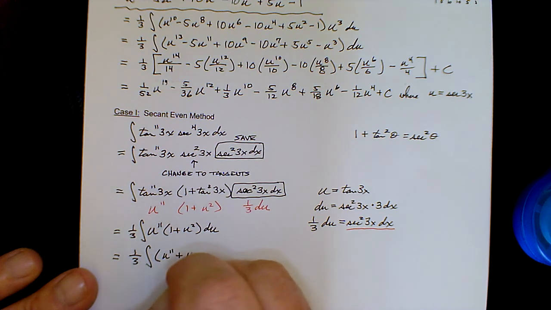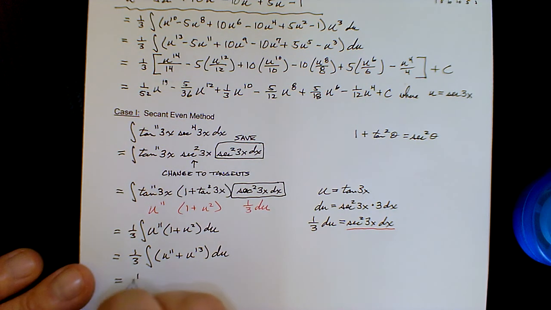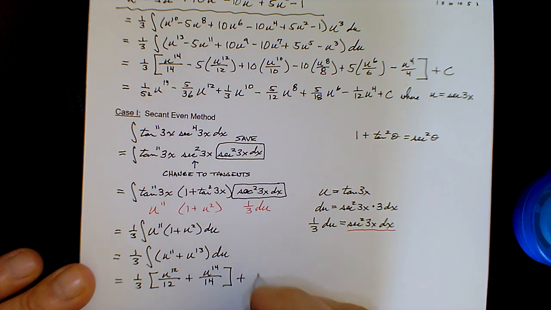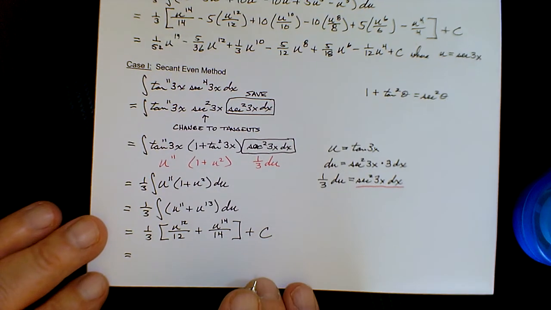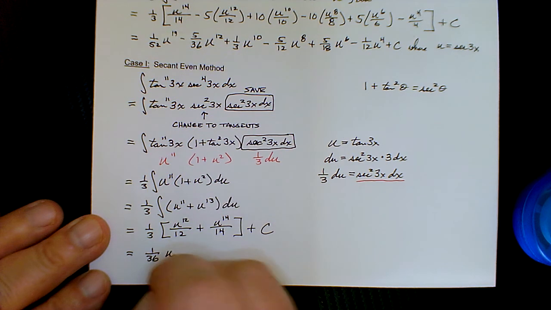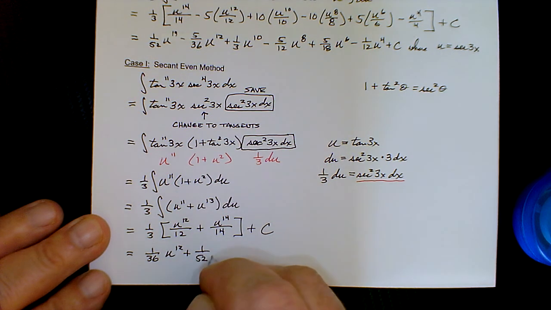So the 1/3, open up some brackets, integrate u to the 11th, we get u to the 12th over 12. Integrate u to the 13th, u to the 14th over 14, close up the brackets, add our constant, and finally distribute that 1/3. So you get 1 over 36, u to the 12th, plus 1 over 52, u to the 14th, plus c. And this is where u is equal to tangent 3x.